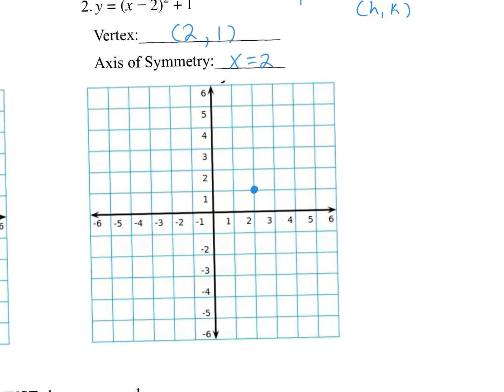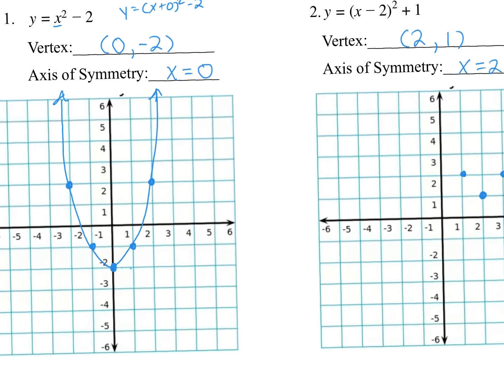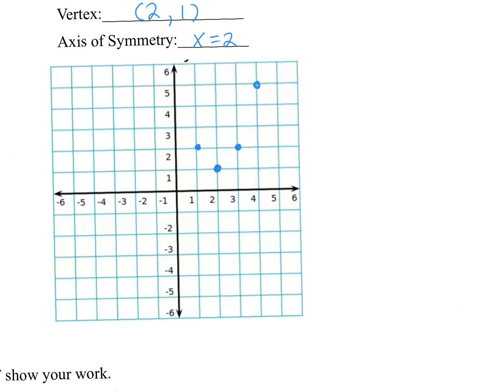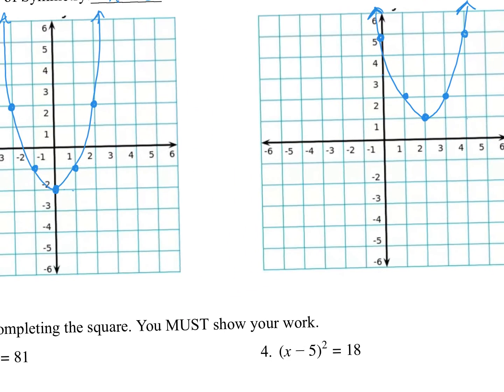We go over 1, up 1, over 1, up 1 from the vertex, over 2, up 4, 1, 2, 3, 4, and over 2, up 4, 1, 2, 3, 4. Put a dot, connect these dots for our parabola. So that is how we graph these parabolas.